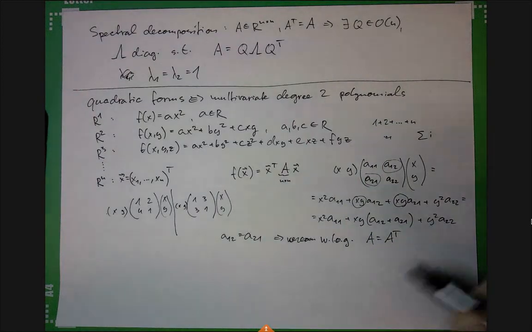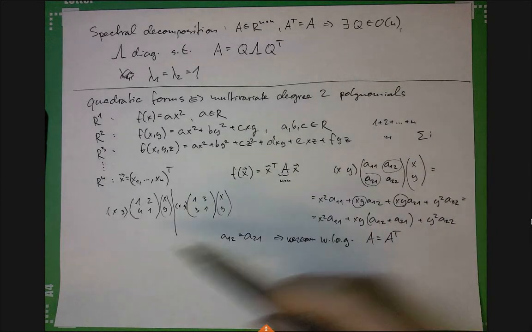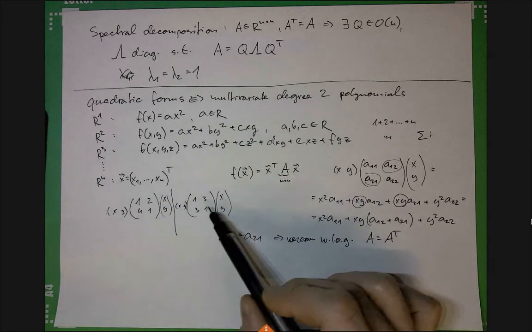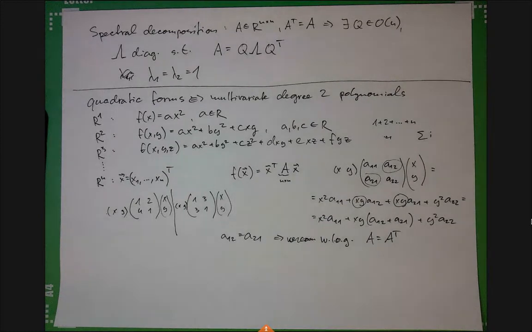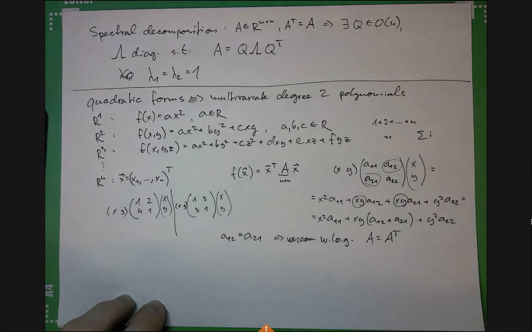This is exactly what without loss of generality means, right? If I restrict myself to symmetric matrices A, I'm not losing anything. Because if I started with a non-symmetric matrix, I can redistribute it symmetrically, and I still have the same quadratic form, or degree 2 polynomial. And this is true for arbitrary size matrices, n by n matrices in general. Okay.